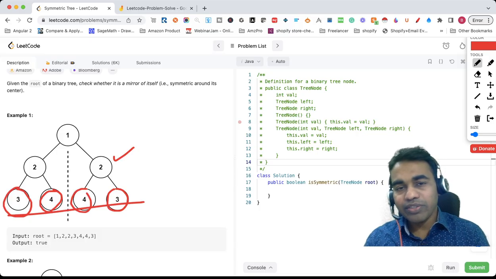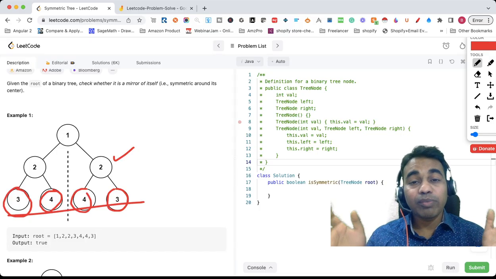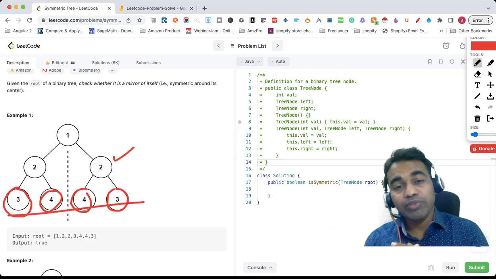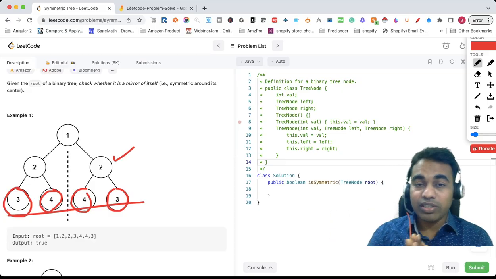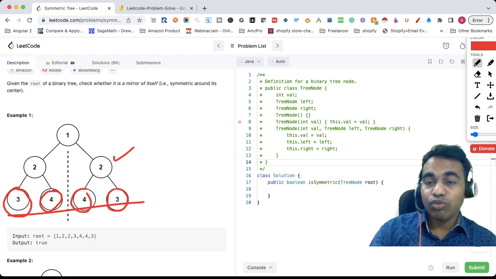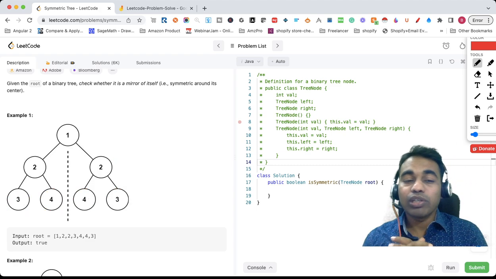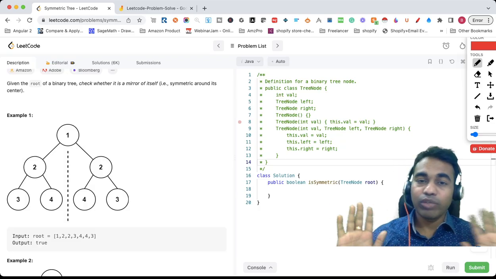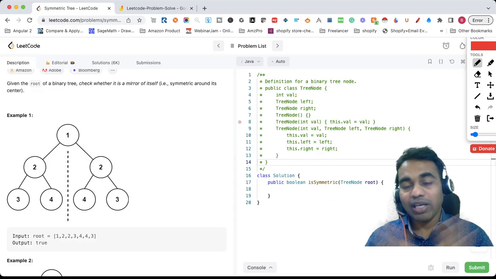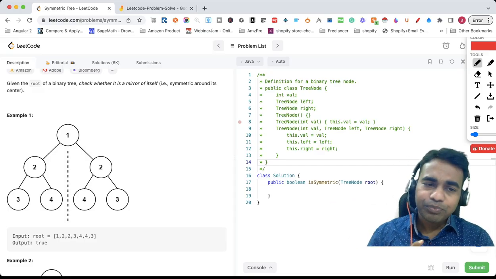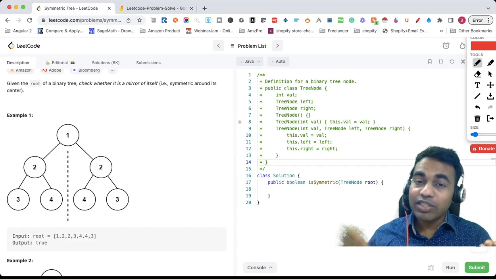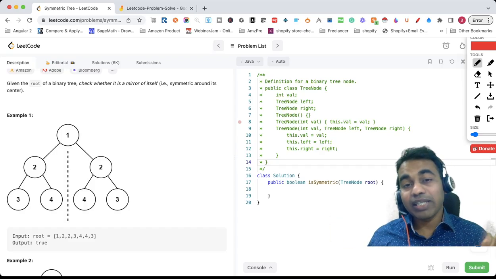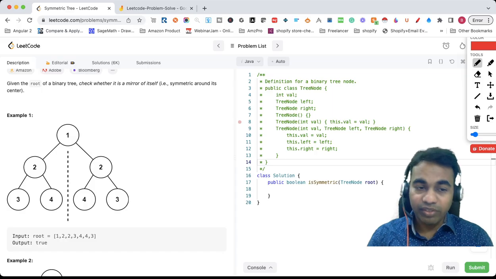Now if we are planning to solve it using recursion, what will be the base condition? The base condition should be pretty straightforward. If both the nodes, left and right, are null, then we are okay, and we can return true. If only one of them is null, then in that case definitely we are going to return false.